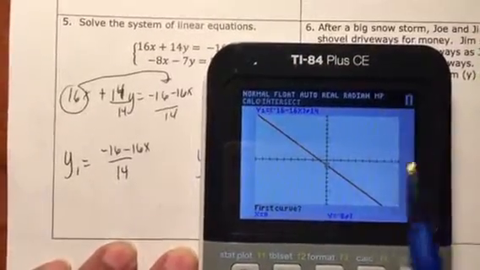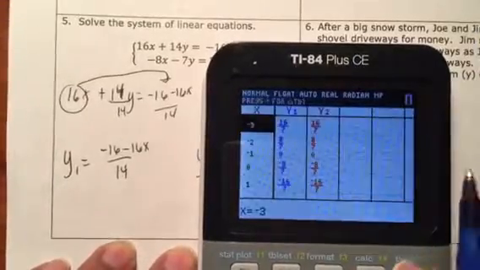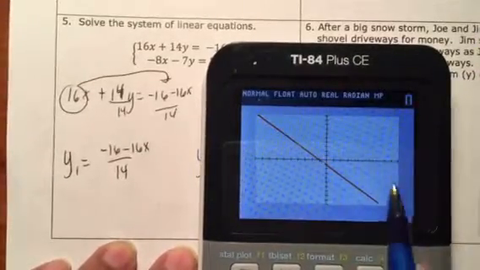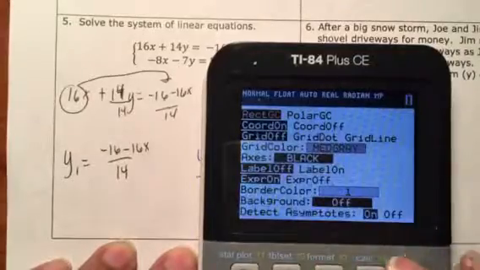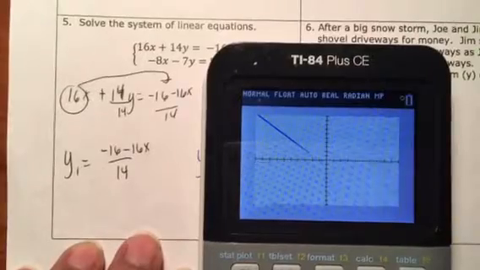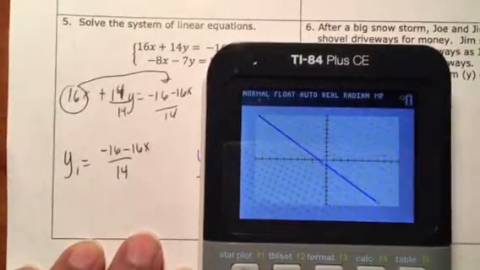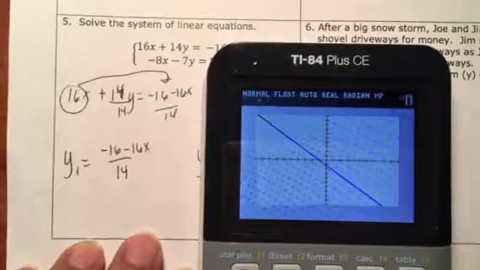So if you look, I'll try to graph it one more time for you. Okay, so there's the first line. There's the second line.